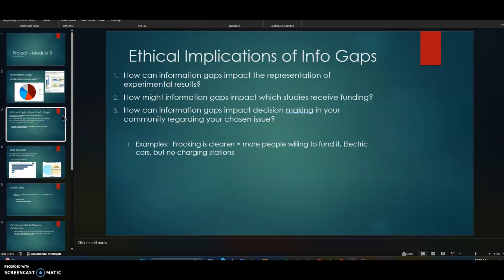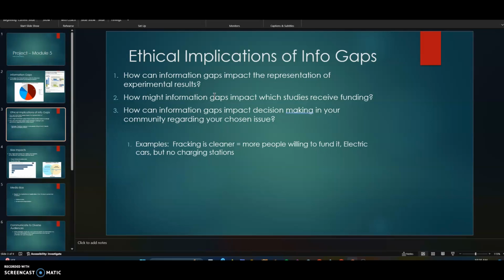The next part is about the ethical implications of these gaps. How can these information gaps impact experimental results? How might those gaps impact funding? How can it impact decision making? If we use the previous example, there's this information gap that was perpetuated for a long time, that fracking was much cleaner.